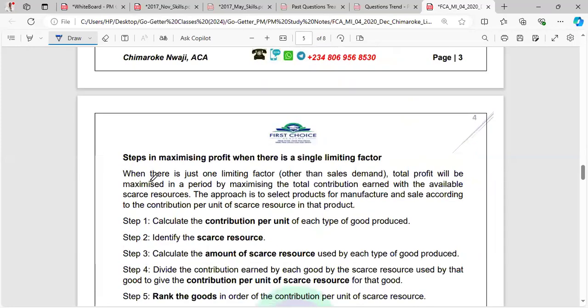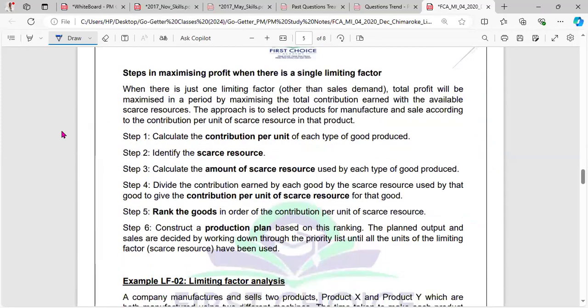Now let's go further. Steps in maximizing profit when there is a single limiting factor. When there is just one limiting factor, and that limiting factor is not sales demand, the total profit will be maximized in a period by maximizing the total contribution earned with the available scarce resources.